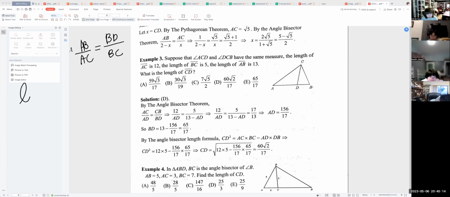And this is formula 1. And the second formula, we just use it. BC squared equals AB times BD minus AC times CD. So just using these formulas to do that, okay?